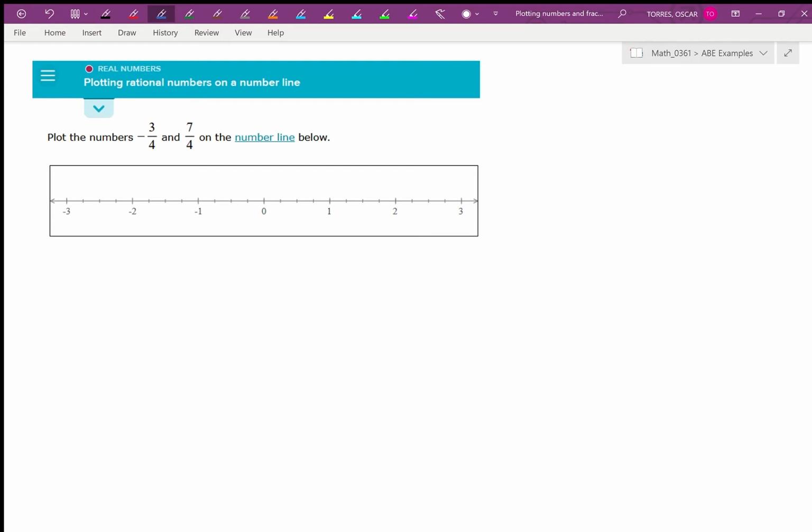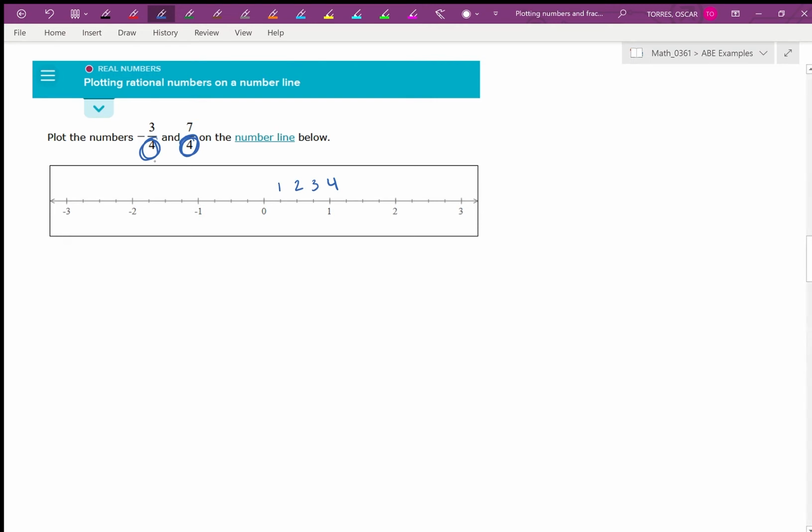Plotting fractions is a bit more involved than plotting whole numbers. We always want this number at the bottom of the fraction to represent the number of spaces, or the number of tick marks, between each value. So for example, if we start at 0 and we count to the right until we hit this 1, we would count 1, 2, 3, 4 tick marks or 4 spaces between the 0 and the 1.